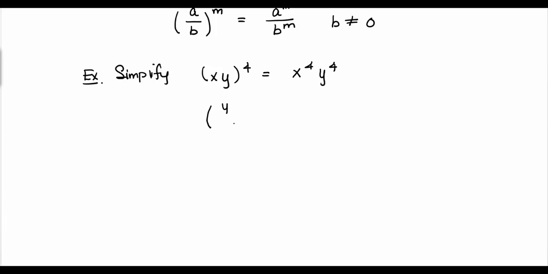And similarly, if I had y over z to the fifth, that's just going to be y to the fifth over z to the fifth. I should make my exponent a little bit more obvious there, so I'll do z to the fifth, right? Okay, so let's review a couple things that we have.